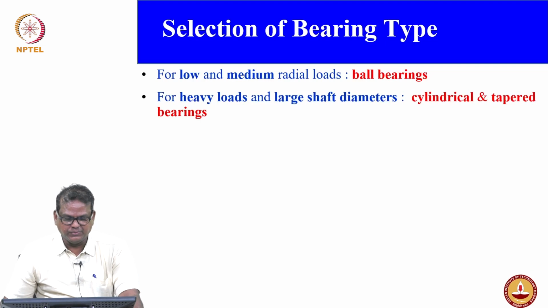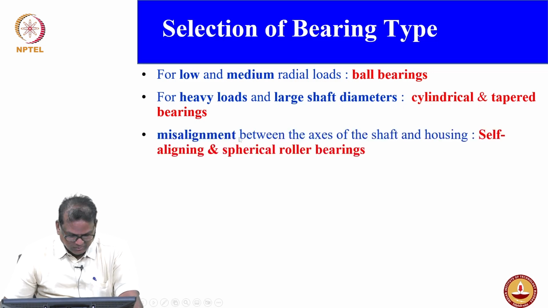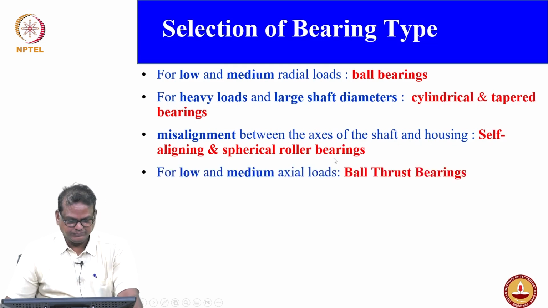For low and medium loads, you can go for ball bearings. If you want high speed, heavy loads, or large shaft diameter, then you can go for cylindrical and tapered bearings. For misalignment between the axes of shafts, you can go for self-aligning and spherical roller bearings.